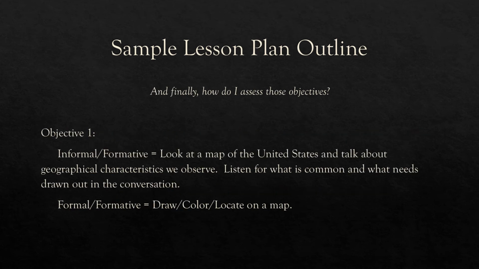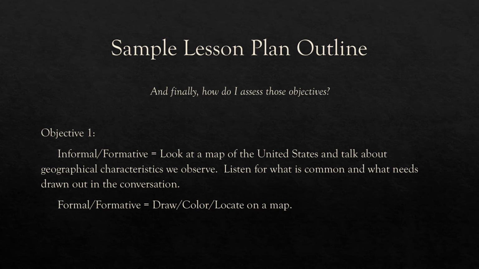So now finally, the whole point of this, objectives. How am I going to assess that we got there? One of the ways I thought would be nice to do this would be to write out both informal and formal aspects of this. The way I think about the lesson, I would want to put up a map of the United States, and hope that I could find one that is topographical.